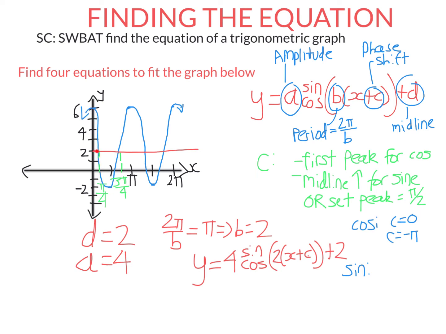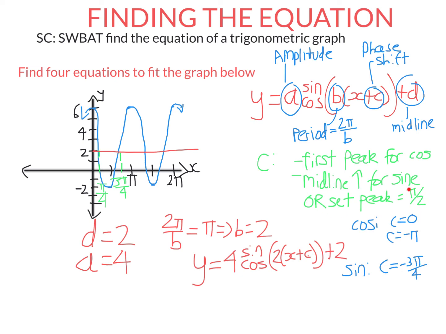But it's hitting the midline and decreasing, so I can't use C equals negative pi on 4. But it hits the midline again here at x equals 3 pi on 4, and it's going up. So I can take the negative of that. So for sine, I can use C equals negative 3 pi on 4 because at this point, the graph hits its midline and is increasing.